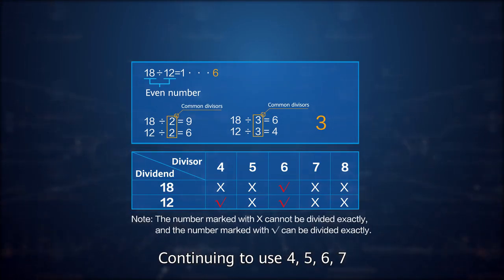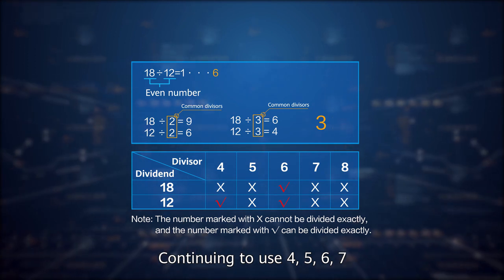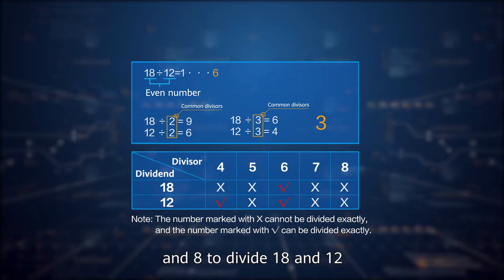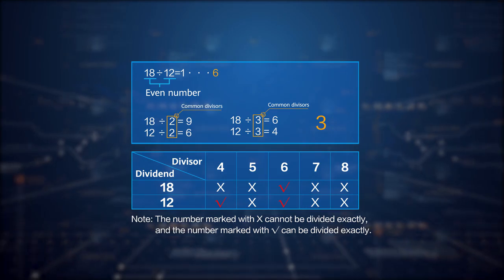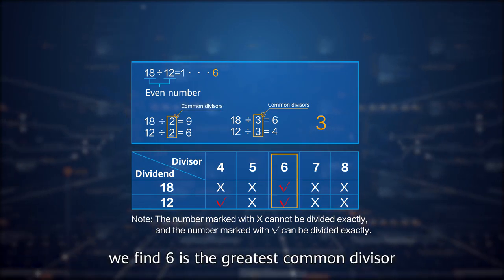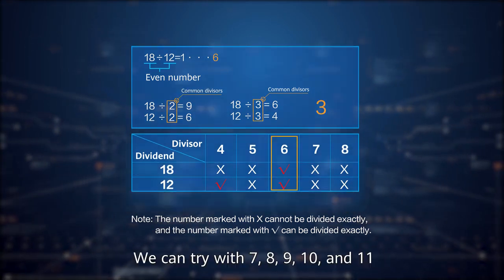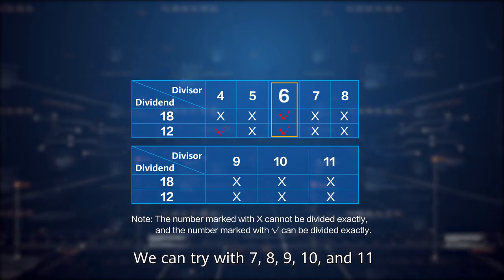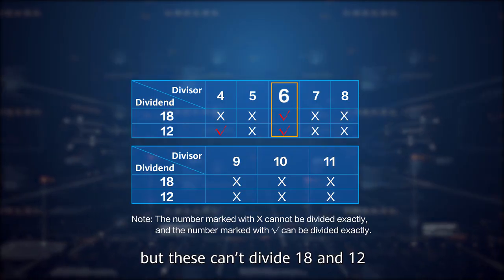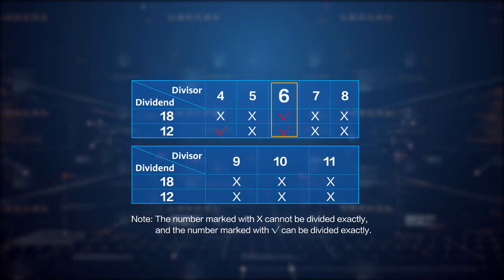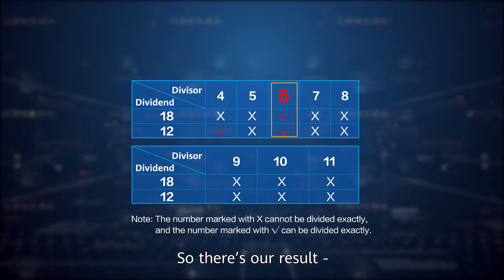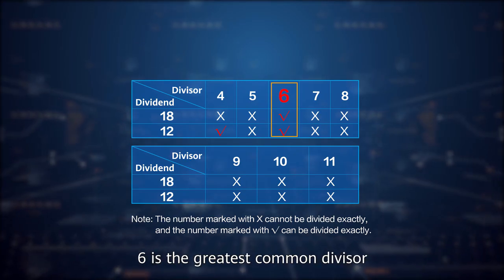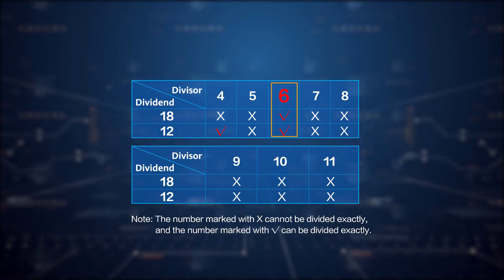Continuing to use 4, 5, 6, 7, and 8 to divide 18 and 12, we find 6 is the greatest common divisor. We can try with 7, 8, 9, 10, and 11, but these can't divide 18 and 12. So that's our result. 6 is the greatest common divisor.